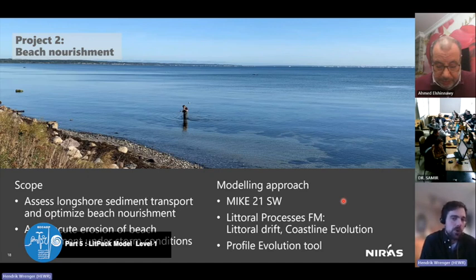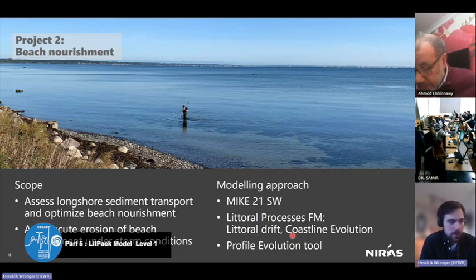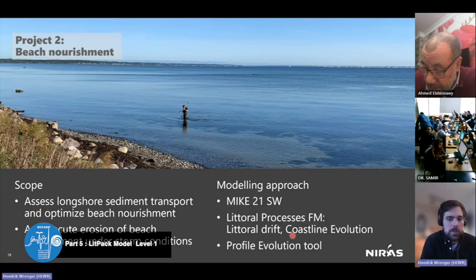By the way, we of course also use the table generation in that step. The moment you do coastline evolution, you have to generate the tables. I didn't mention that here specifically. And then the profile evolution tool, where also tables are needed, but that's by now just an integral part of these models, right?